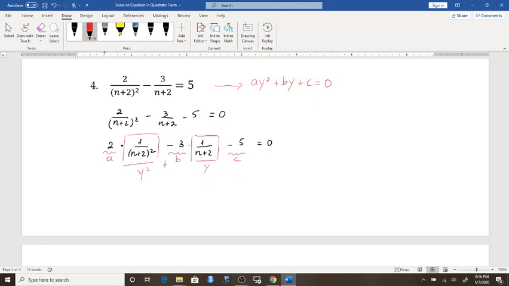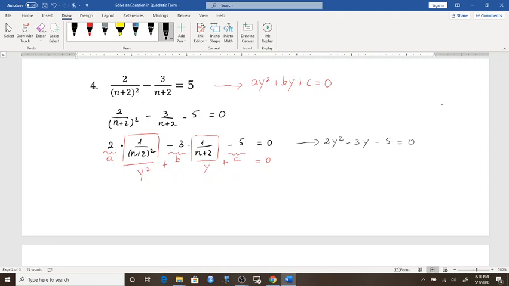So now we have ay squared plus by plus c equal to 0, right? So let's rewrite this in terms of a, b, and c that are given to us. So we know that a is 2, and then we have 2y squared. We know that b is -3, so -3y, and then -5 is by itself, that's the c term, and this must be equal to 0, okay?